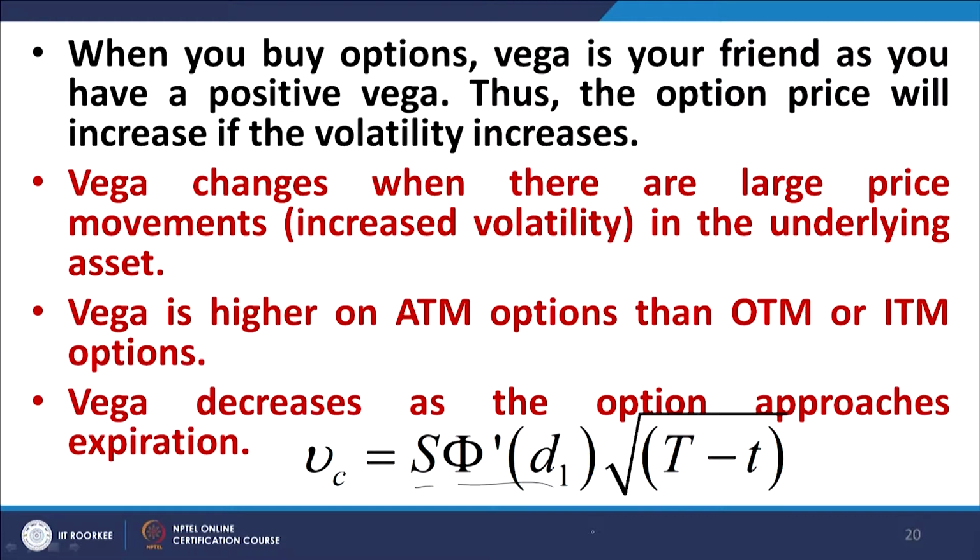As I mentioned earlier, it is higher for ATM options, it is close to 0 for in the money options and out of the money options. You see, the logic is simple.